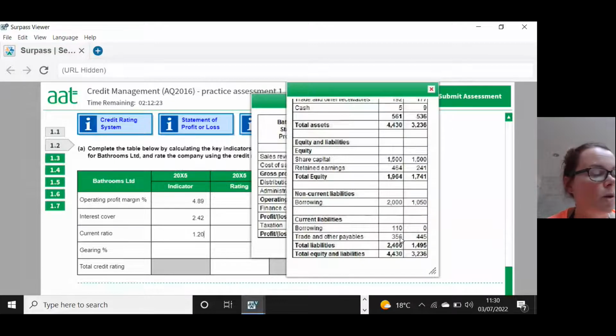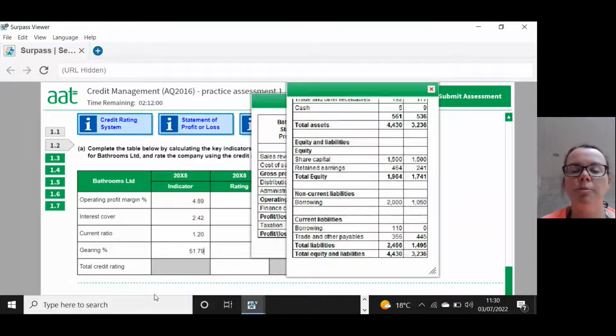So 2,110 divided by the sum of 2,110 plus our equity, that 1964. Again, it's a percentage, so times it by 100, which gives me 51.79.